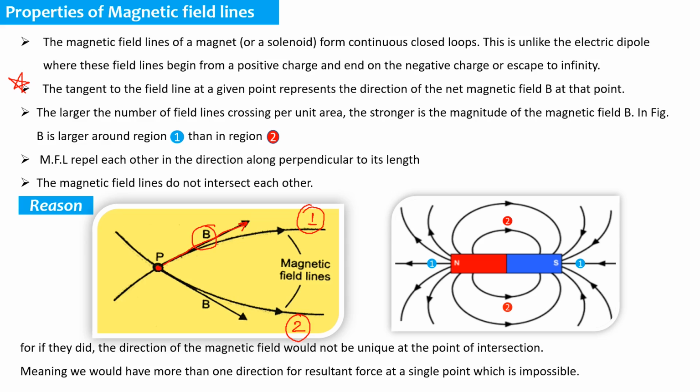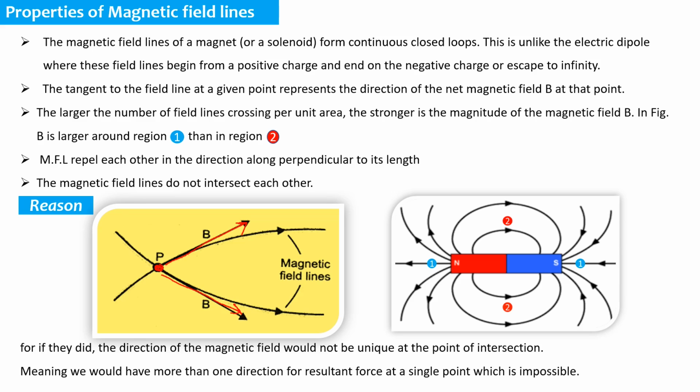But also you can draw a tangent like this and have a resultant force like that. So what happens? There are two resultant forces at a single point. So this is not possible. You will have only one resultant force.